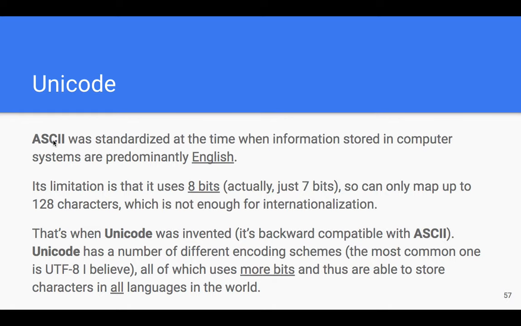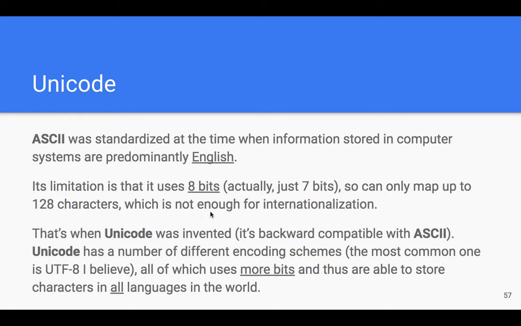So if you look at the ASCII table, it only has English characters, punctuation marks and stuff like that. Its limitation is that it only uses 8 bits, well, really just 7 bits if you look at the ASCII table carefully, so it can only really map up to 128 characters.